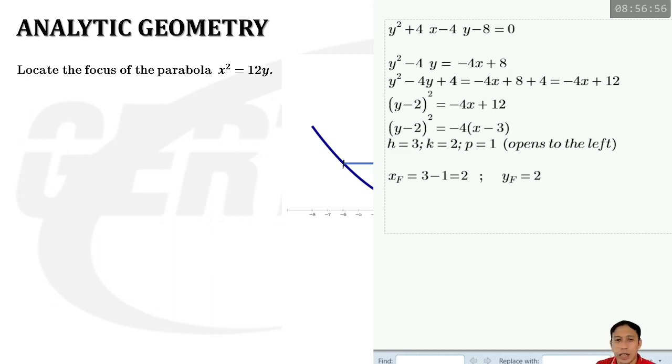Now, yung directrix naman, is a line drawn behind the opening, no? And that is perpendicular with the axis of symmetry or parallel with the latus rectum. Okay? So, ito yung tinatawag nating directrix. Okay?